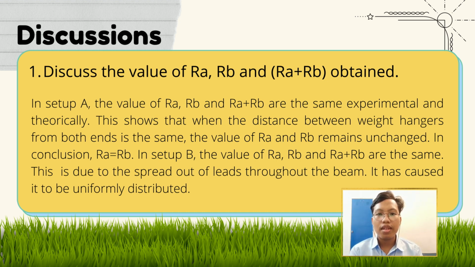It shows that when the distance between weight hangers from both ends is the same, the value of RA and RB remains unchanged. In conclusion, RA equals RB. In setup B, the value of RA, RB and RA plus RB are the same. This is due to the spread of the beam. It has caused it to be uniformly distributed.